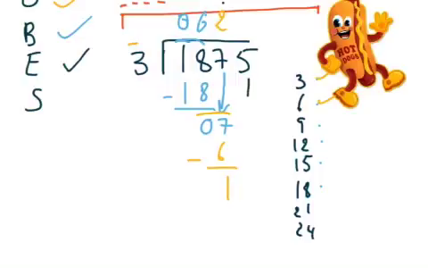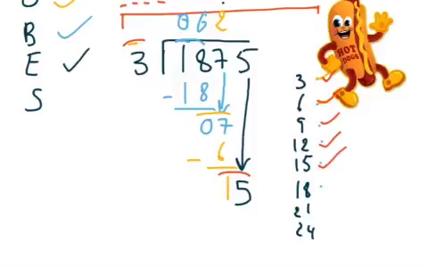And then I'm going to bring down my final number here, which is 15. And does 3 go into 15? Let's use some red. Does 3 go into 15? Yes, it goes 1, 2, 3, 4, 5. So it goes exactly 5 times, and I have no remainder.